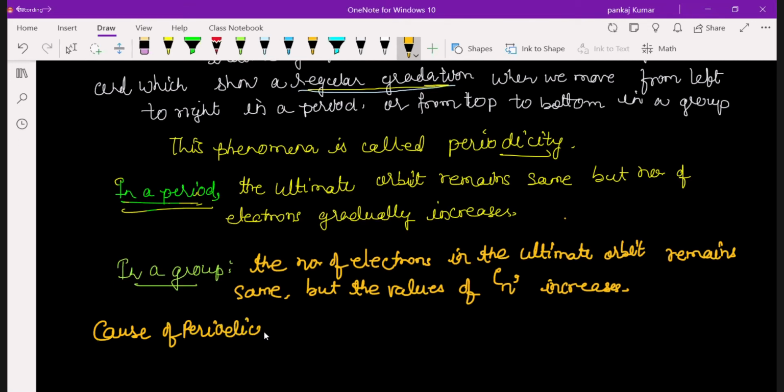Cause of periodicity. Okay. Sir, you have a very big clock, sir. What big? Clock. Behind you, near you, there's a clock, sir. How can you see the clock?